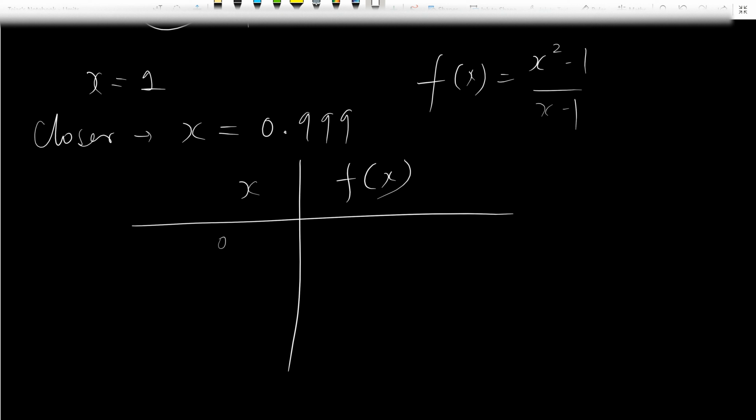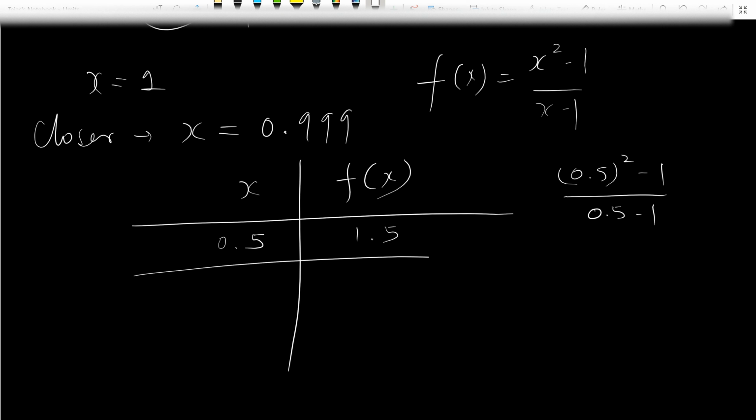So where x equals 0.5, let's say, when you put 0.5 here, 0.5 square minus 1 upon 0.5 minus 1, you get the answer 1.5. Next would be 0.9. Closer and closer means you get closer and closer to 1.